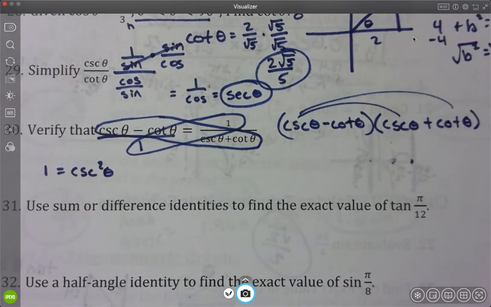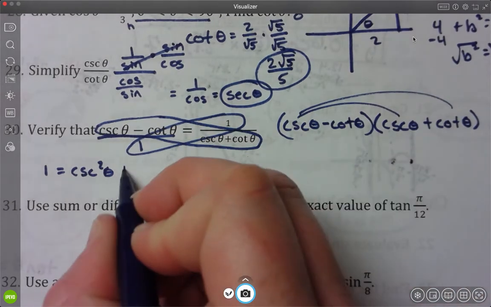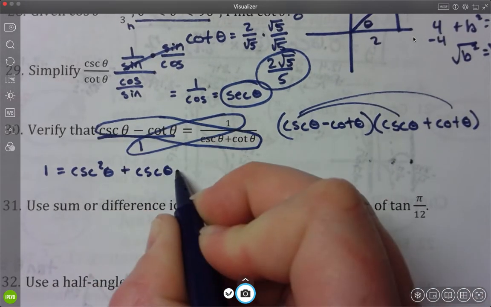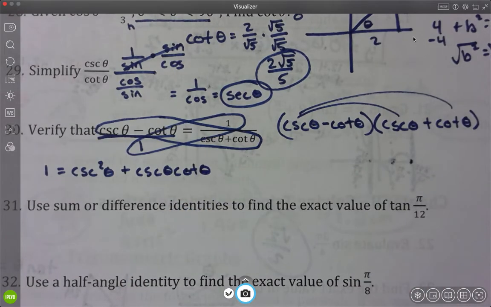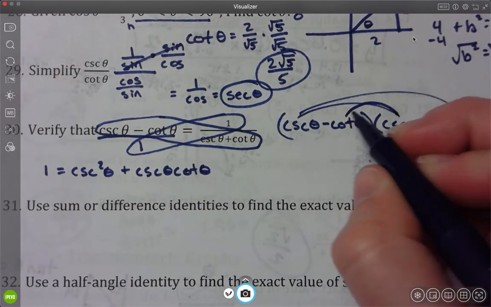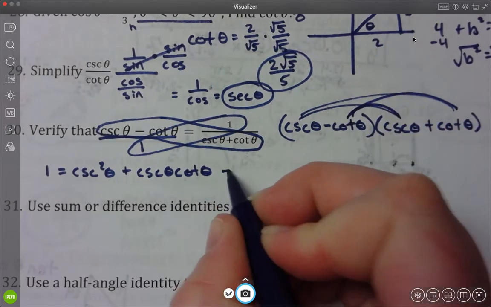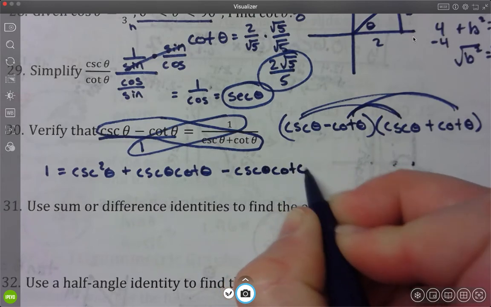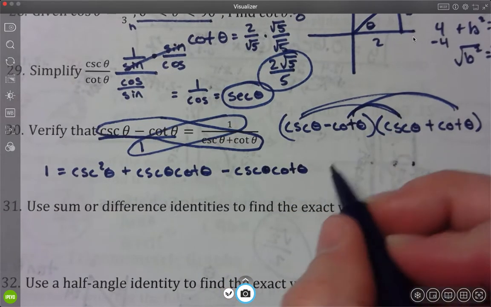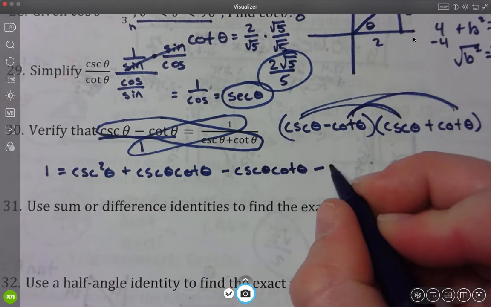Cosecant times cotangent is plus cosecant theta cotangent theta. Now if I start with this guy and multiply him through, this will be minus cosecant theta cotangent theta, and then negative cotangent times positive cotangent is going to be negative cotangent squared theta.